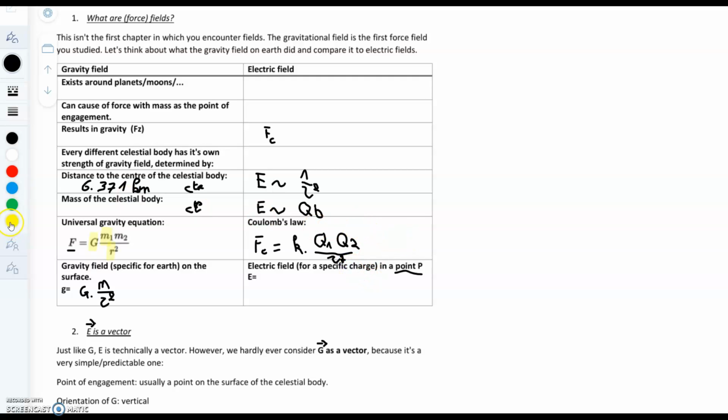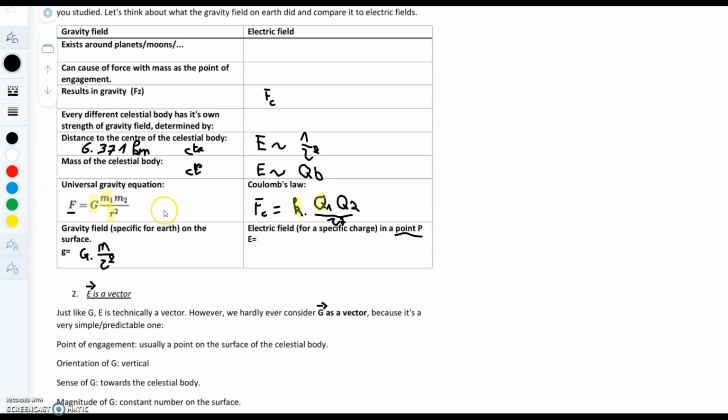Now, let's consider part of the first charge. Well, it is a certain constant multiplied by charge 1. However, in this context, we're not going to be talking about charge 1. We're going to be talking about the source charge of our electric field.